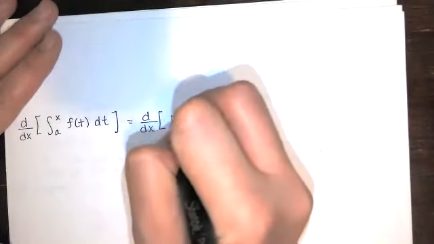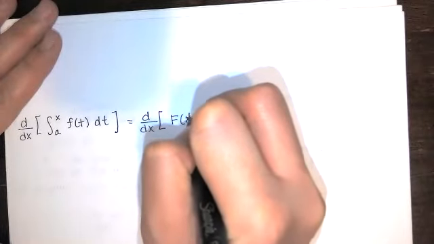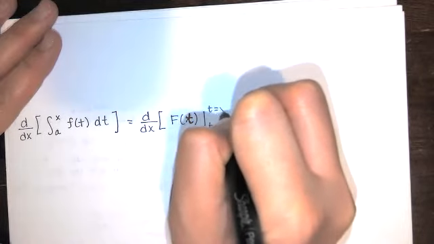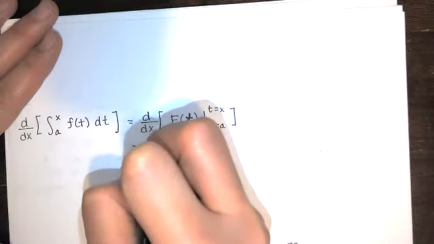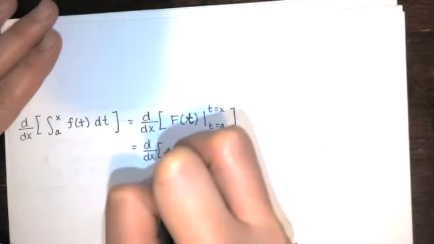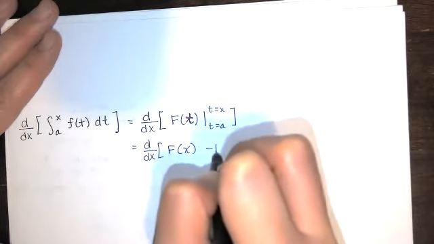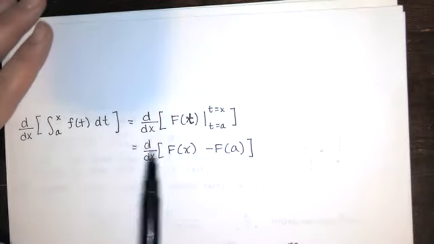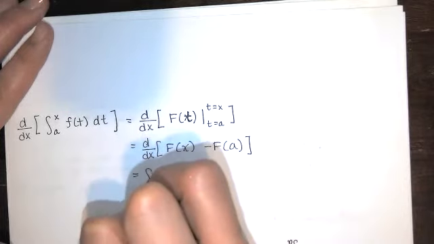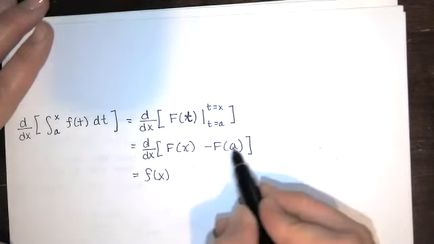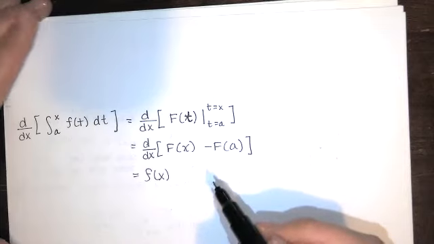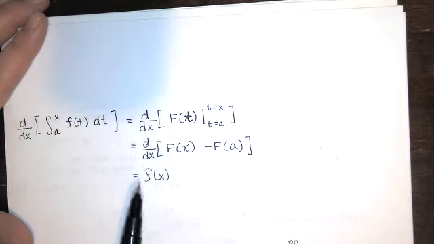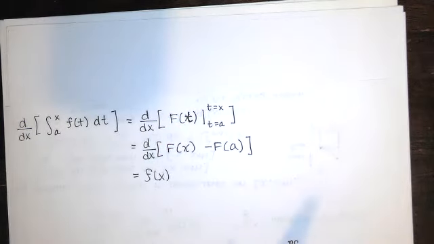So you take the antiderivative with respect to t, and you substitute in t equals a, and then t equals x, and subtract. So we get this. But the derivative of the antiderivative is just the original function. Now f of a is a number, so the derivative of that number is 0. So we can sort of put those two pieces together and see that it makes sense.